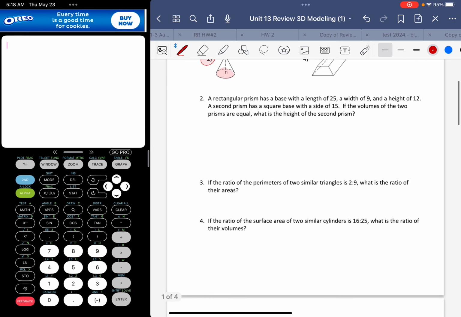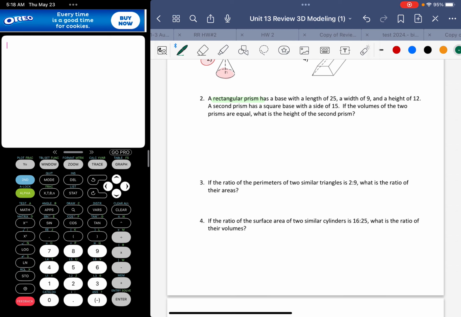All right, question number 2. A rectangular prism has a length of 25, a width of 9, and a height of 12. Let's start with that one. We know that volume is big B times H for a prism, but big B is the area of the base. And how do you find the area of a rectangle?